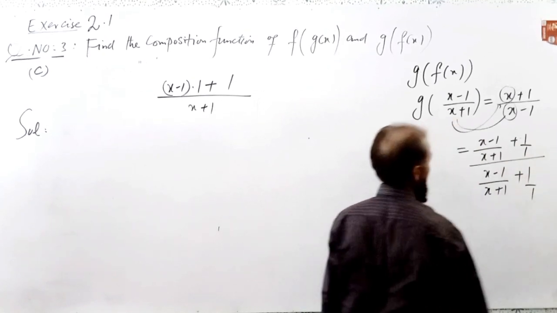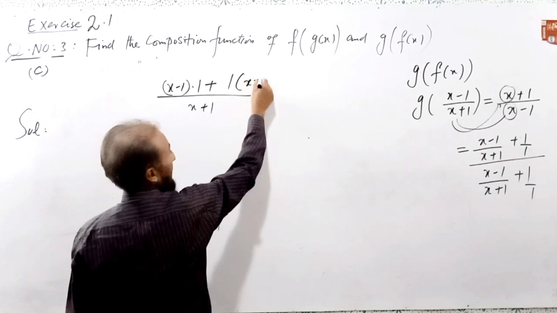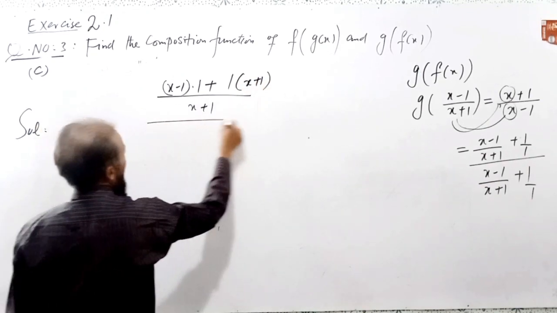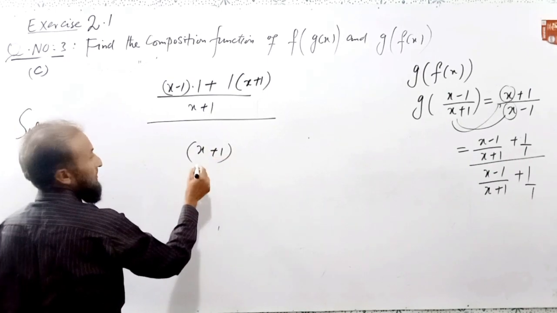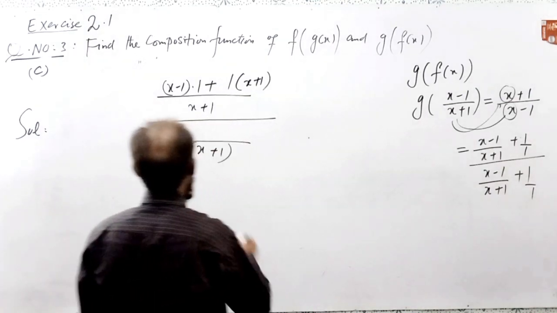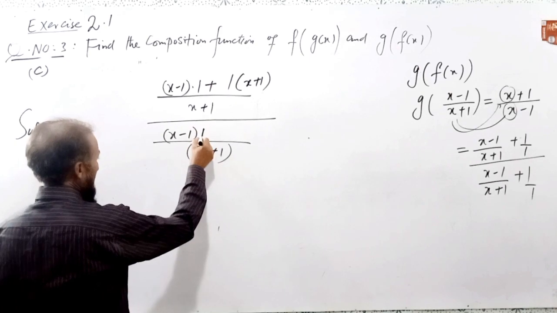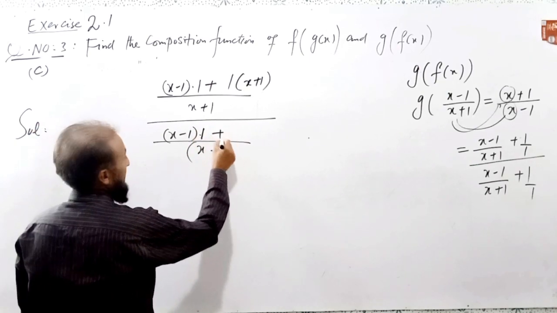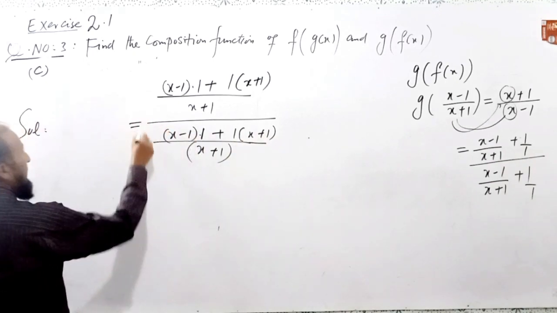Already done in the first part. So we get x plus 1 divided by, here in the denominator x plus 1 is the LCM. So x plus 1 divided by x plus 1, we get x minus 1 into 1 plus 1 into x plus 1. Now simplify this term.